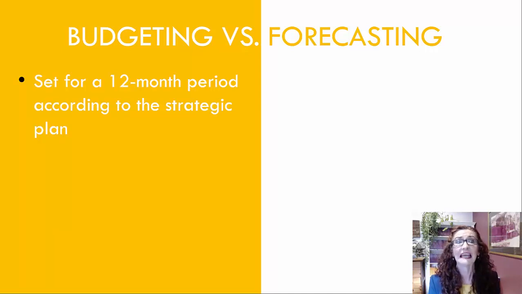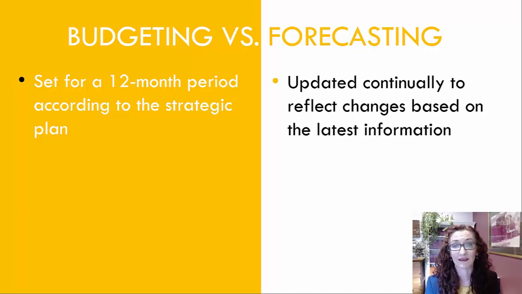Budgeting is set for a 12-month period according to the strategic plan. So a budget is generally this enormous project, and it's a very, very slow and detailed model if you're building it in Excel. A forecast, however, is updated continually, and it's about reflecting changes that are based on the latest information.